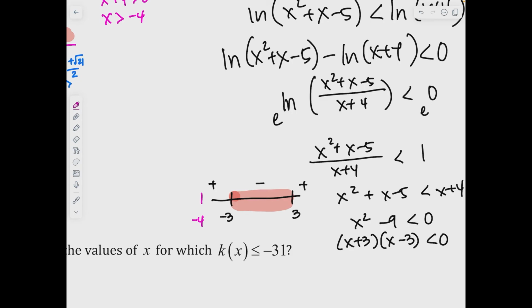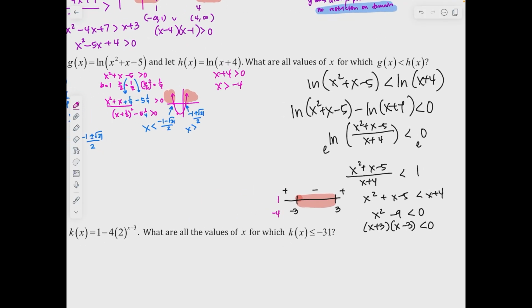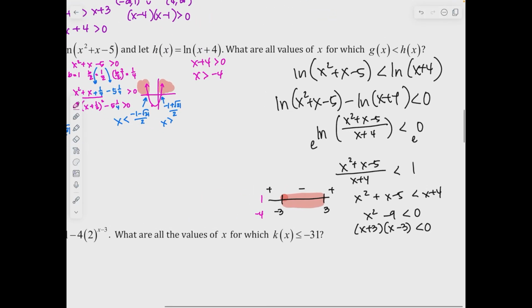So because all of my answers are already greater than negative 4, I'm not too concerned about that. Okay, the ones that I need to worry about is less than, so now I need decimals. Negative 1 plus the square root of 21 over 2, and I need negative 1 minus the square root of 21 over 2.